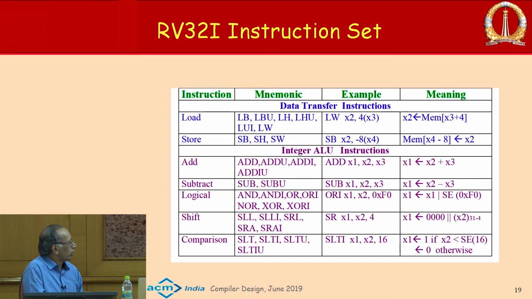Similarly, you can do a logical ORing or a shift, and you can specify the shift amount, which register is being shifted, and the destination register. These are comparison operations: they compare two operands and then, depending on that, set the destination register to either 1 or 0. Any questions?